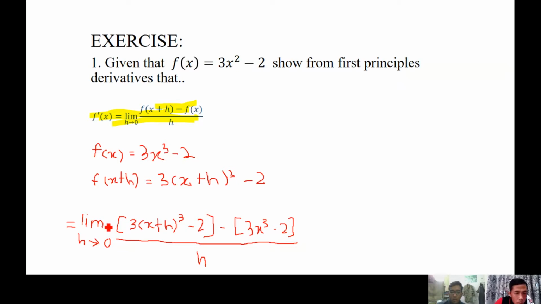So after that we use the equation, then we put this equation into the formula, and this for fx, we take this formula to this.